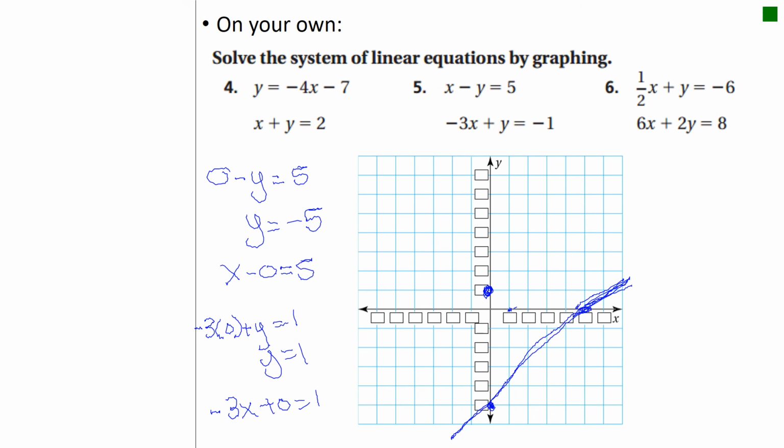X will have to equal -1/3. So we're going to put -1/3 right here. So here's this line. You're going to have to approximate where that is, either that or graph it. So go ahead and do the next two examples, and I will tell you the answers in the next slide.